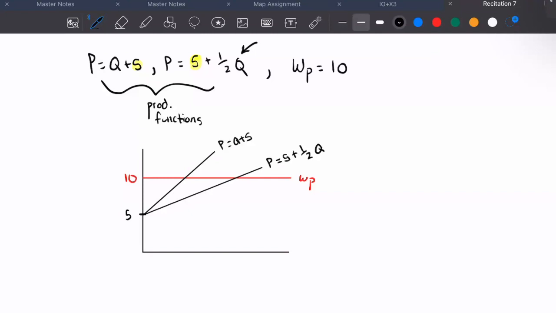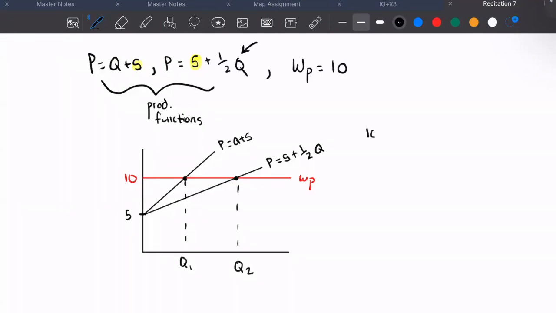Awesome. So to answer the first question of what will be the total domestic production before the government implements the cap and trade scheme, all we need to do is find where our production functions cross the world price and solve for Q1 and Q2.